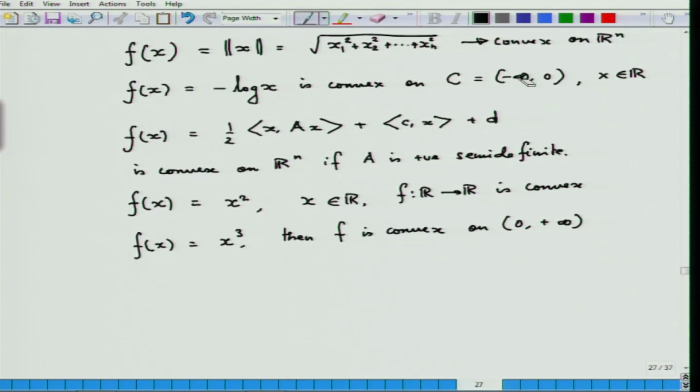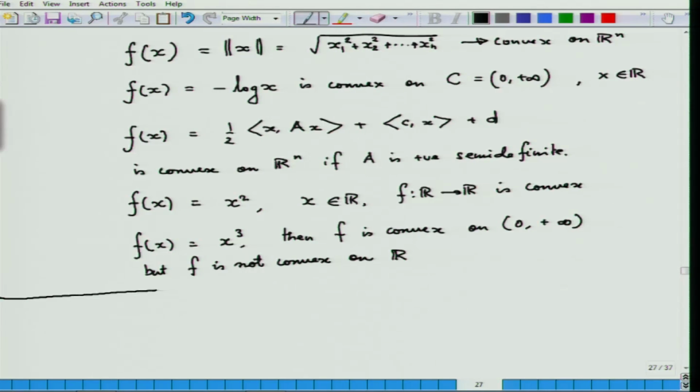Sorry, there is a mistake here, I would just like to point out, it should be 0 to plus infinity, but f is not convex on R. So a function when restricted to a particular domain could be convex, but need not be convex on the whole of Rn.